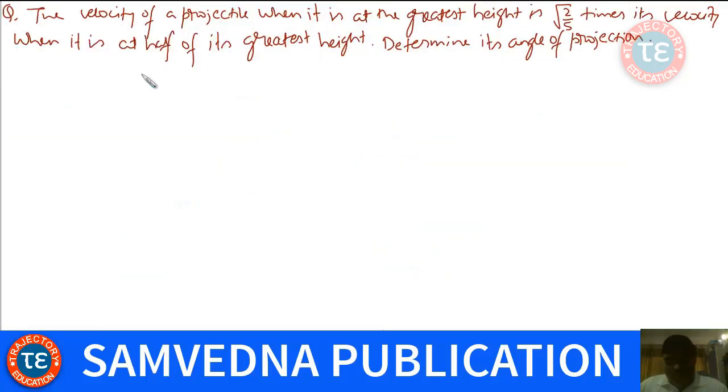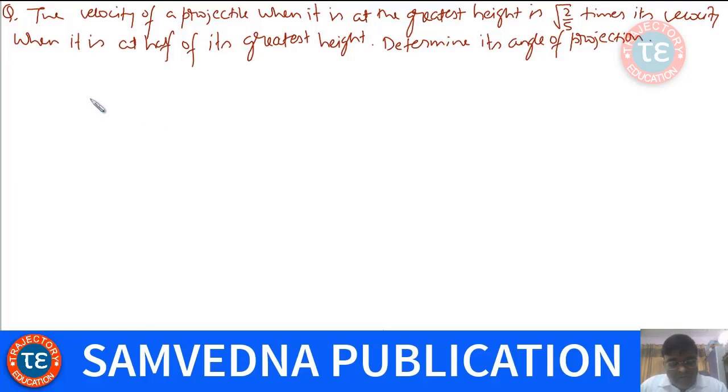Okay. Look at this question. The velocity of a projectile when it is at greatest height is root 2 by 5 times its velocity when it is at half of its greatest height. Determine the angle of projection.